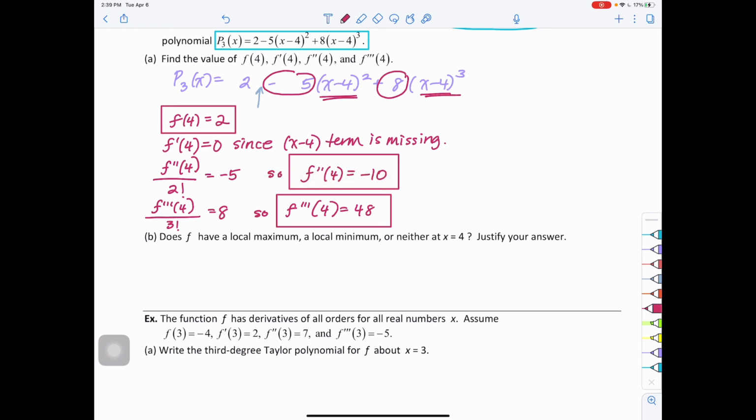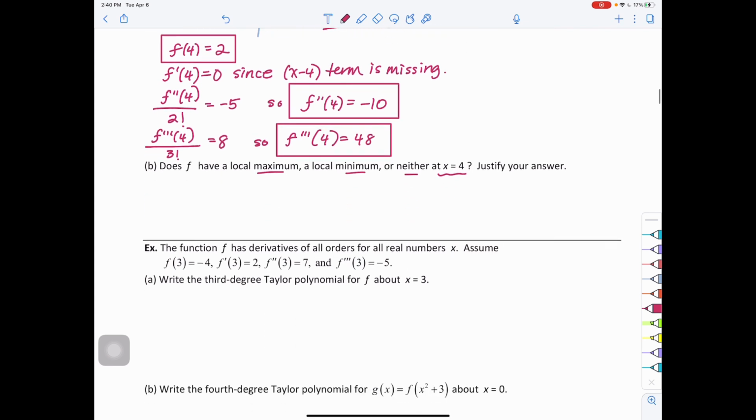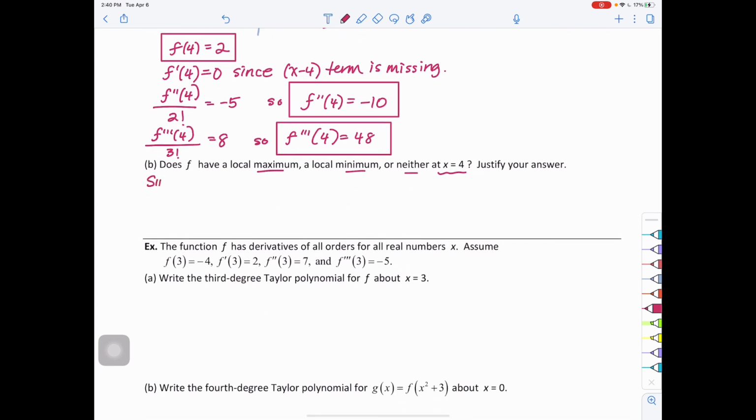Does f have a local maximum, a local minimum, or neither at x equal to 4? So we want to know local max, min, or neither, and we need to justify. Well, since f prime of 4 is equal to 0 and f double prime of 4 is less than 0, what happens?